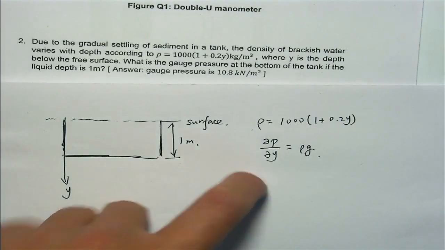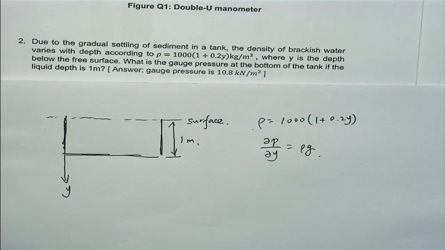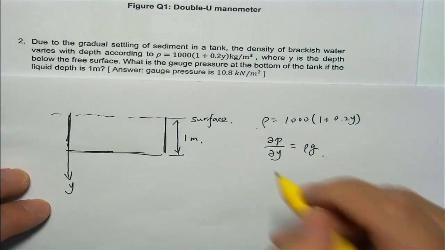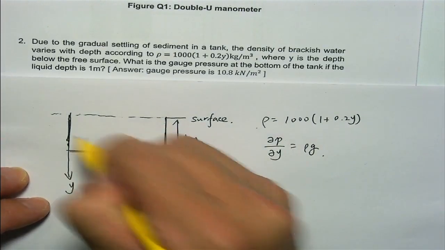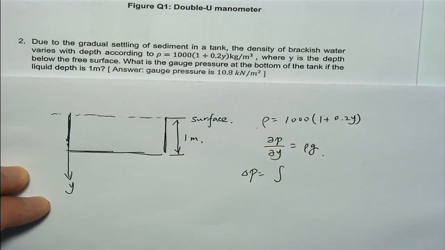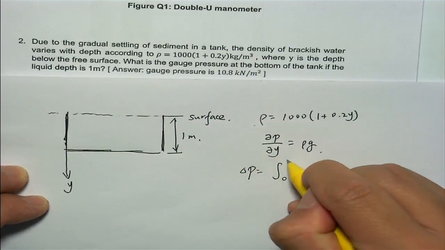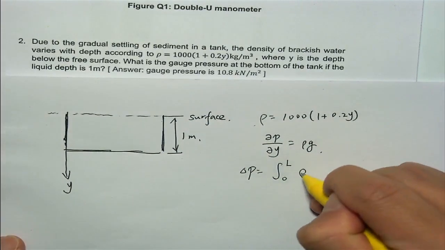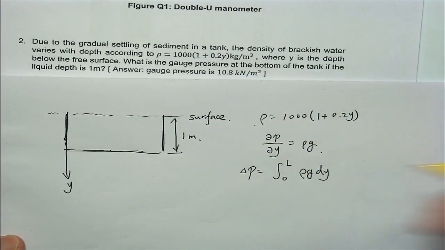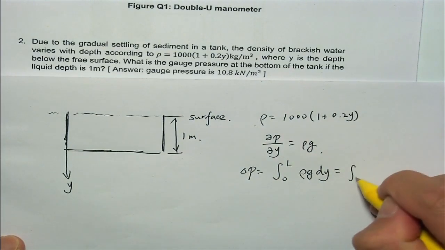Then we got the pressure over the depth, the relationship here. So we can get delta p. We do the integration from 0 to the depth. The depth we note as L, is rho g dy. Right? So we just put that equation in.